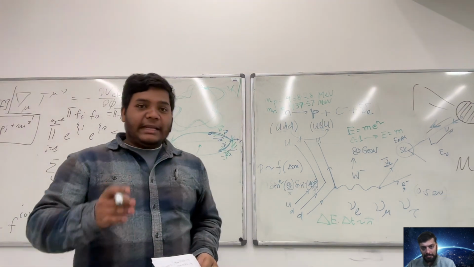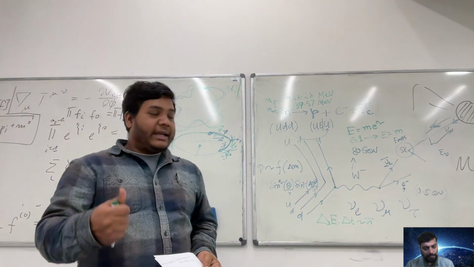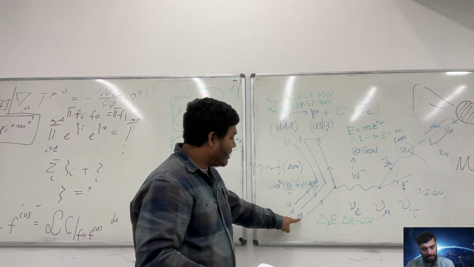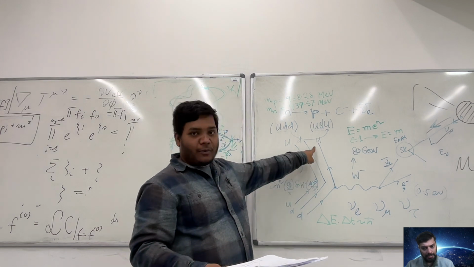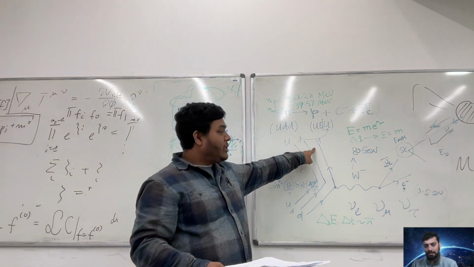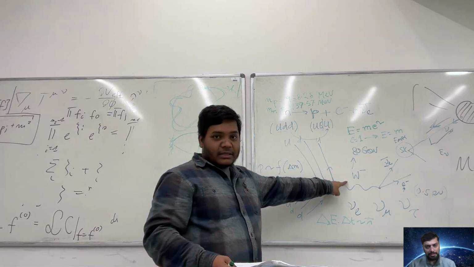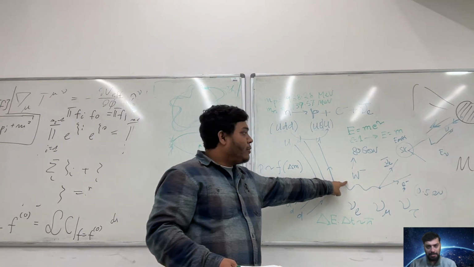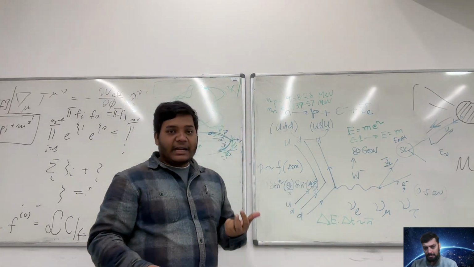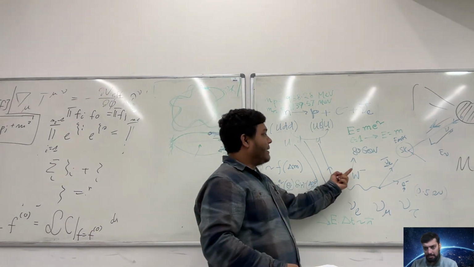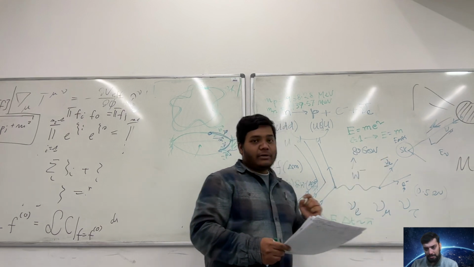And that time was enough to make a transition of one down quark converting to an up quark, which can create one W minus, and this W minus, an 80 GeV energetic particle, can later convert into an electron and an electron antineutrino.